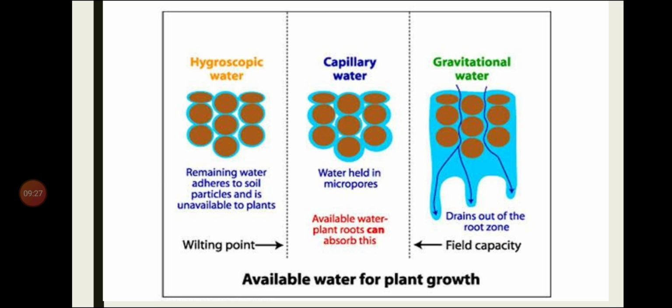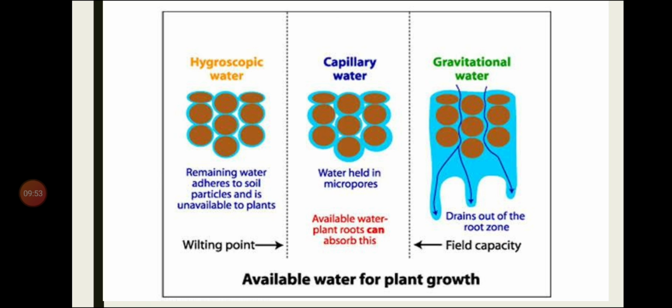You have to study 6.1, the introduction and properties of water molecule; and 6.2, the water absorbing organ, that is root, and the structure of root hair that we studied in our last lecture, and water available to roots for absorption that we studied today. Till page number 120 of your textbook you have to study for your exam.